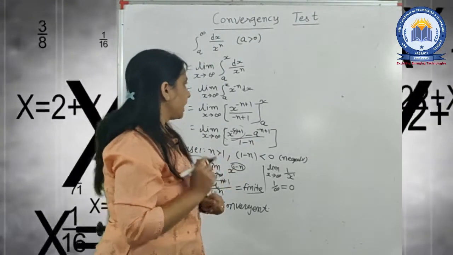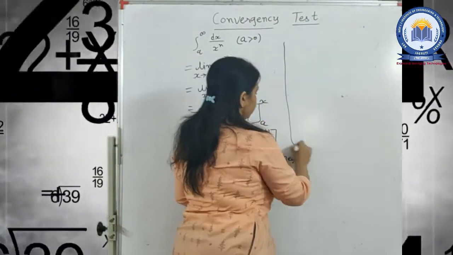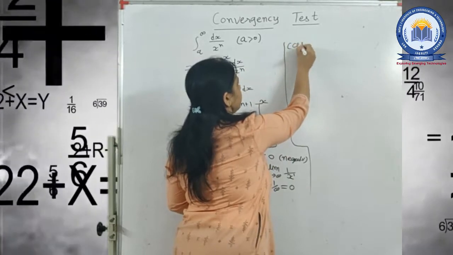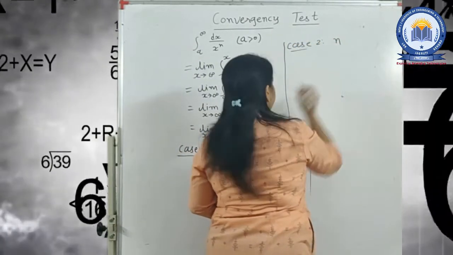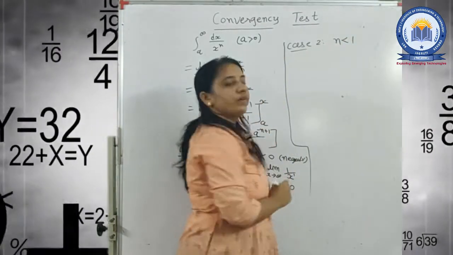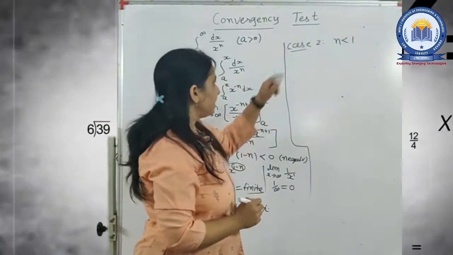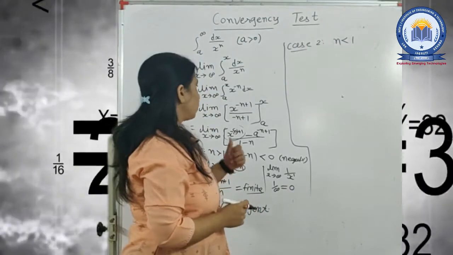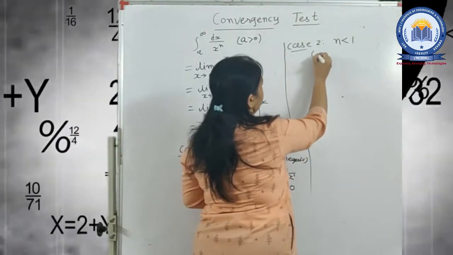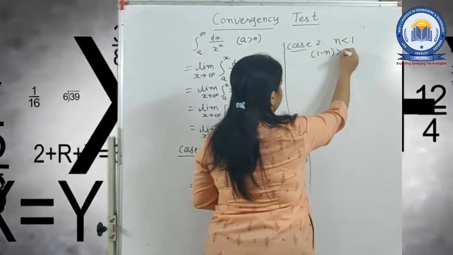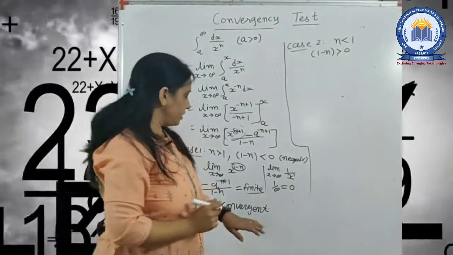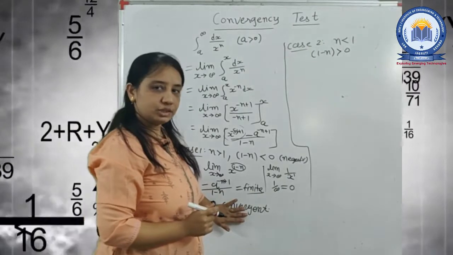Now the second case, case 2: n is less than 1. So obviously 1 minus n would be greater than 0, the reverse case of this one.